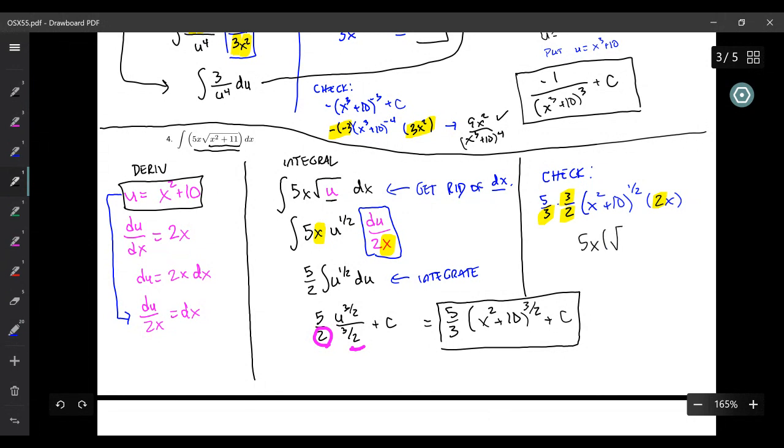And then this is under a radical, x squared plus 10, which, oops, why is that a 10? It should be, these should all be 11s. Which does match the original question.